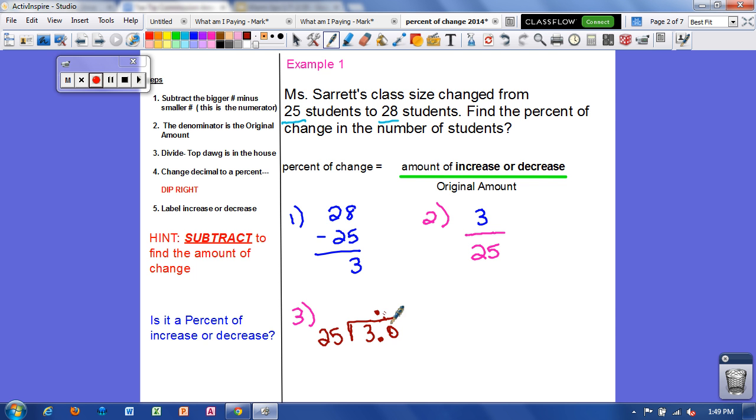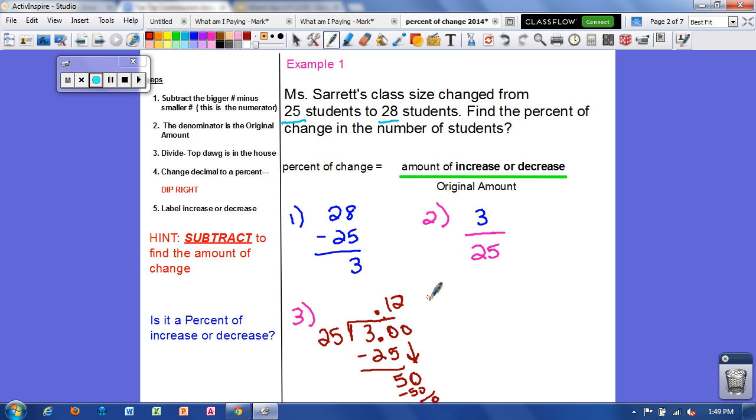Decimal goes up. 25 goes into 30 one time. So I'm going to subtract 25 and I get a remainder of 5. I have a remainder, but no numbers left to bring down, so I'm going to add a 0 and bring it down. 25 goes into 50 2 times with a remainder of 0. So I get 0.12 or 12 hundredths.